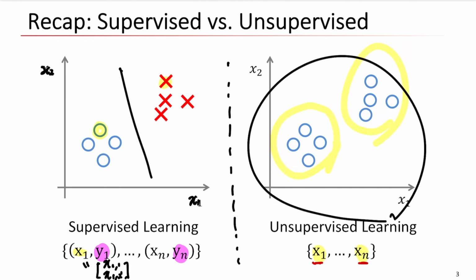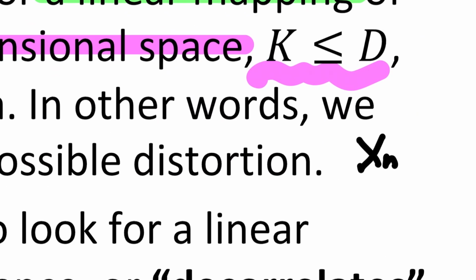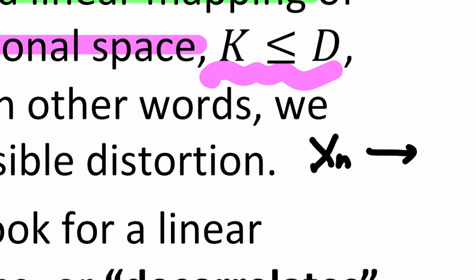Okay, let's say we have the matrix X, and given this matrix, we are looking for the linear mapping of the d-dimensional input vector into the k-dimensional space, where k is smaller than d. So we want to find the mapping function from xn to, let's say, yn, using some linear mapping.